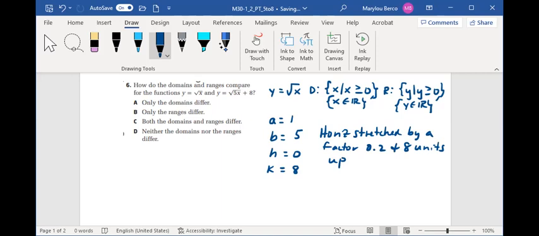So the domain remains the same. I better put this over here. The domain stays the same.